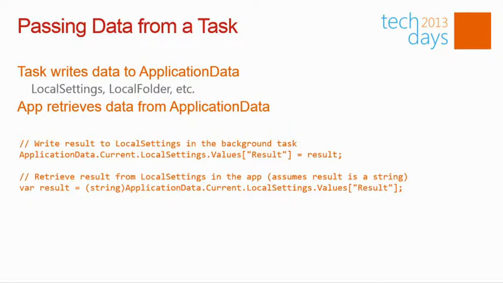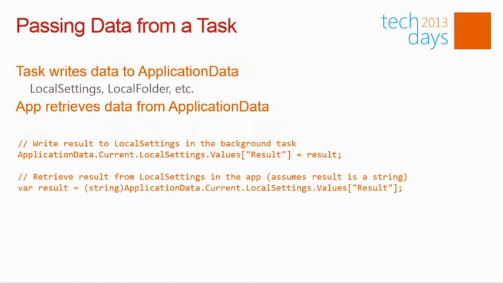And one reason for that is, remember, it may never happen that your background task and the app are running at the same time. Therefore, they use this indirect mechanism, application data, if they want to pass data back and forth. And by the way, when I say back and forth, I mean that. Not only can a background task write to application data so that it can be read by the associated application, but the app can write data to application data too, which can then be read by the background task.